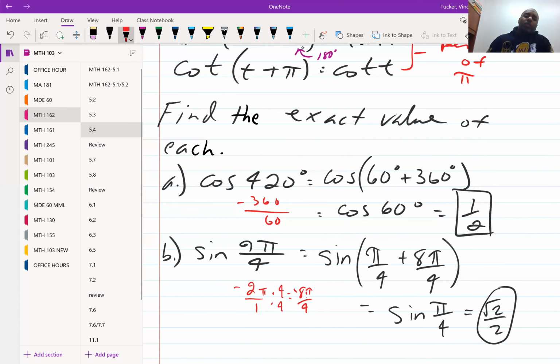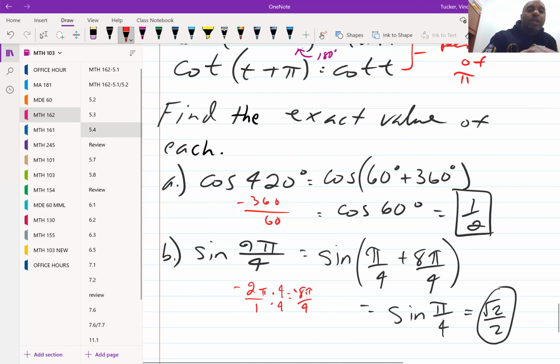Turning 2 pi into a denominator of 4, that would be 8 pi over 4. And so we see that it is less than 9 pi over 4, so we'll just subtract that. We get pi over 4.